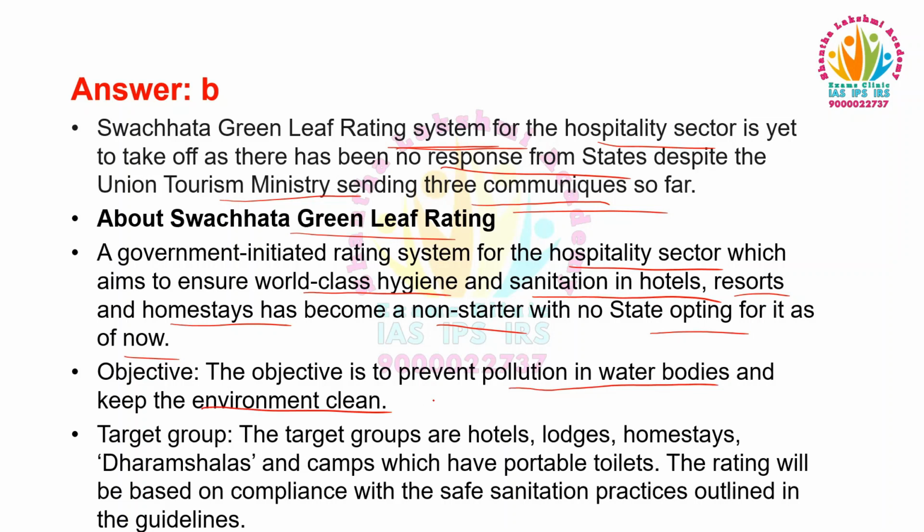The targeted group of this Swachhata Green Leaf Rating are hotels, lodges, homestays, and dharamshalas and camps which have portable toilets. The rating will be based on compliance with the safe sanitation practices outlined in the guidelines.